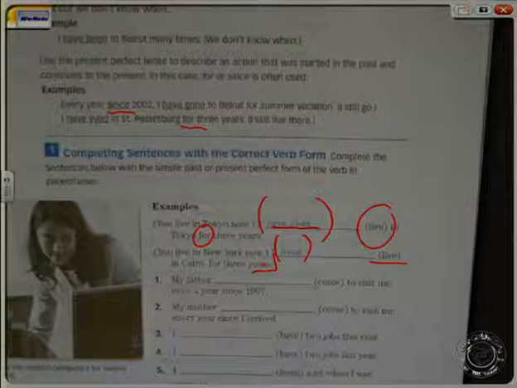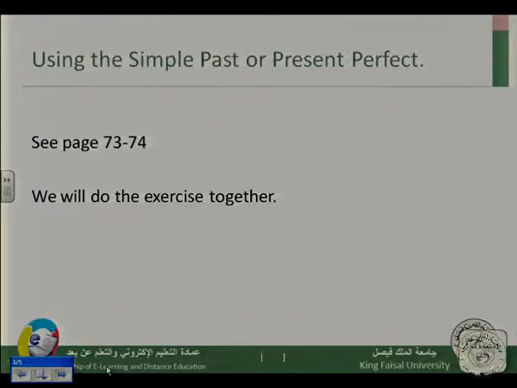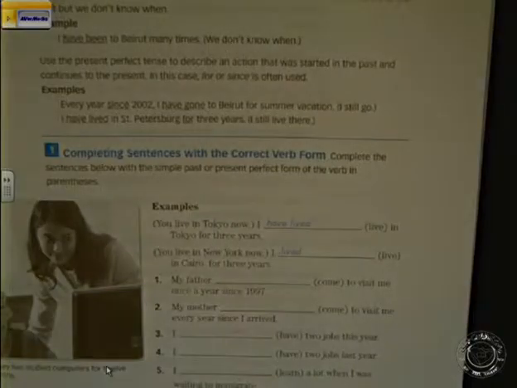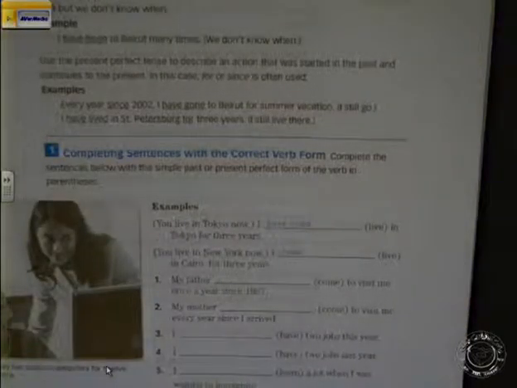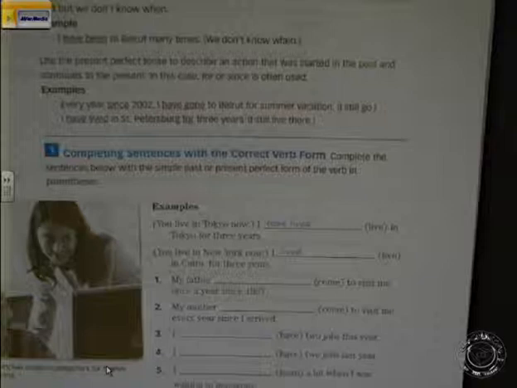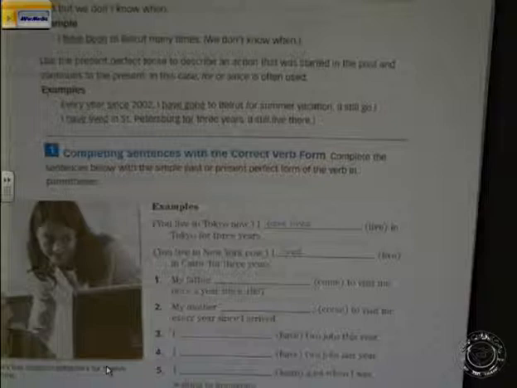Number one would be my father, and the verb is come, to visit me once a year since 1997. So that means my father still comes to visit me once a year, and this all began in 1997.